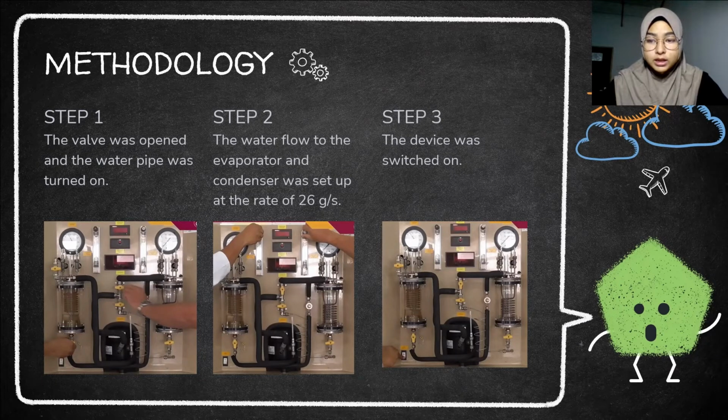For the methodology, there are several steps, followed by figures to help you understand more easily. Step 1, the valve was opened and the water pipe was turned on. Step 2, the water flow to the evaporator and condenser was set at a rate of 26 grams per second. Step 3, the device was switched on.